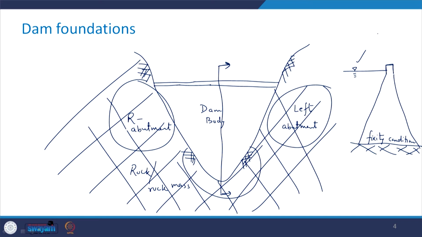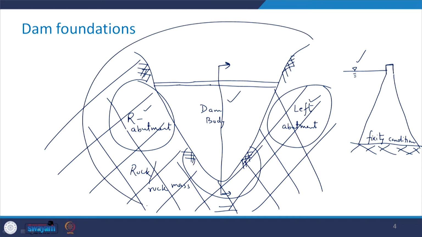So you see that it is not that only the dam body can be analyzed separately from these abutments and the foundation. This whole thing needs to be analyzed because they act as one together.